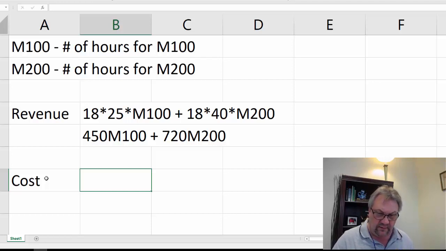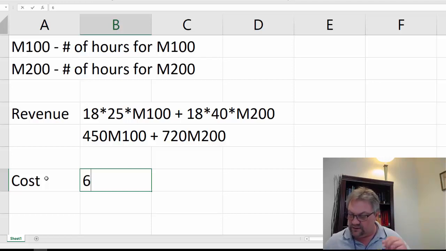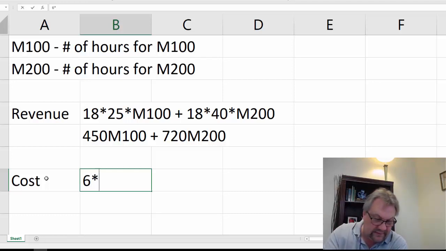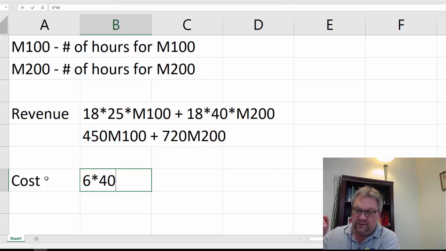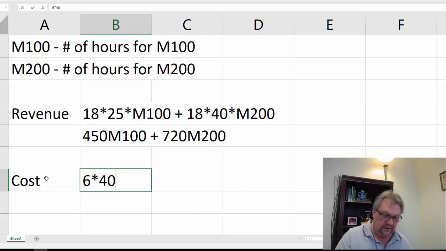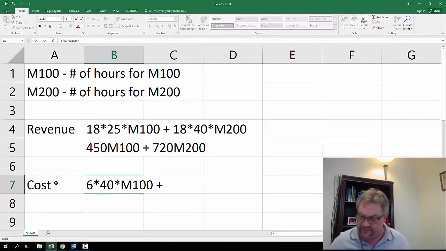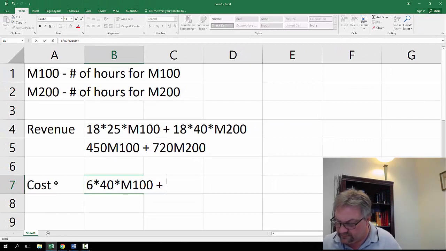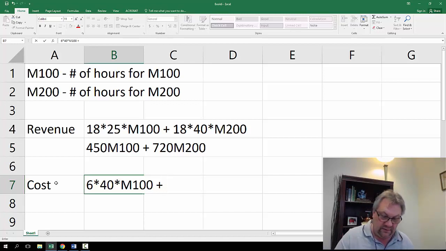So here I've got $6 per pound of raw material times the 40 pounds of raw material per hour that the M100 uses times the M100, and then plus 50 times the M100, because that's the hourly cost of operating the M100.